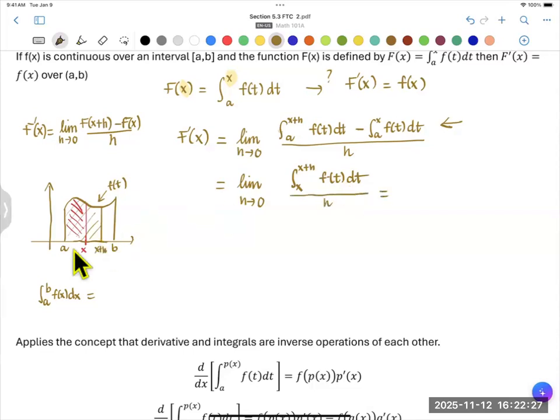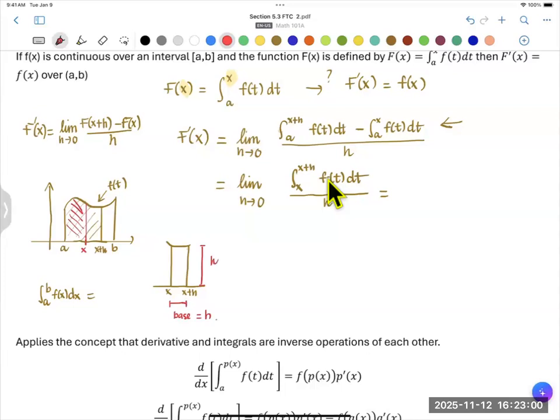Now we have the region, and we want to find the area under the curve f(t) from x to x plus h. How do we find the area? We know how to find an estimation. If that area is like this, and this is x plus h, then the base is h.